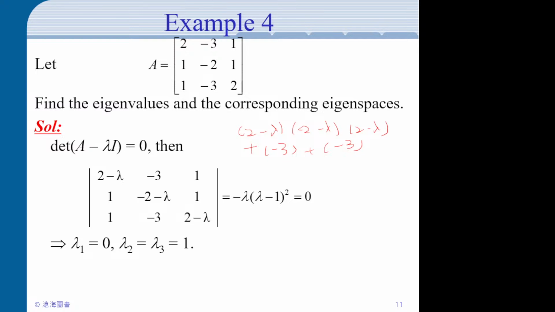And then we need to subtract the other diagonal terms: minus (2 minus lambda) times minus 3, and minus those three things, minus 3, (2 minus lambda), and then minus (2 minus lambda).